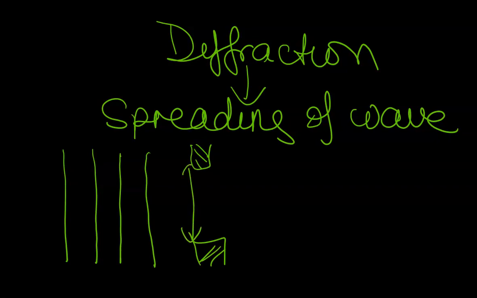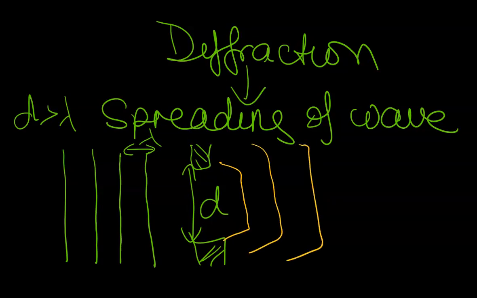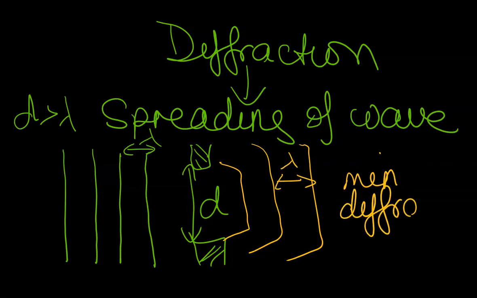Now you compare the size of the gap d to the wavelength, and obviously d is greater than lambda. When that happens, you don't have a lot of spreading out as the body of the wave passes straight through. The wavelength here is the same, and you would tend to have minimal diffraction.